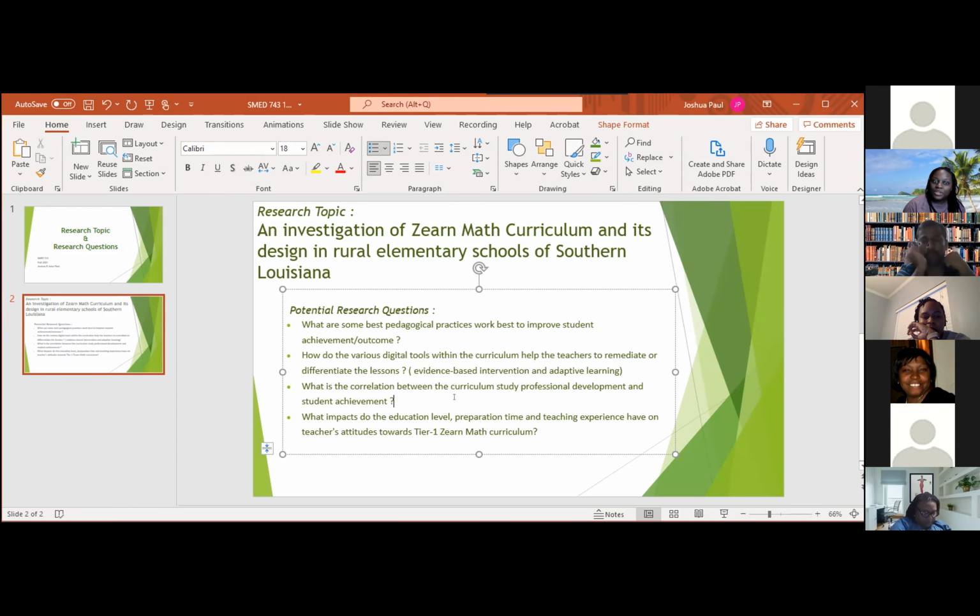And when you're talking about best practices, we're talking about best practices for all students in general, with an understanding that some students do need remediation. Some students do need more individualization than other students.